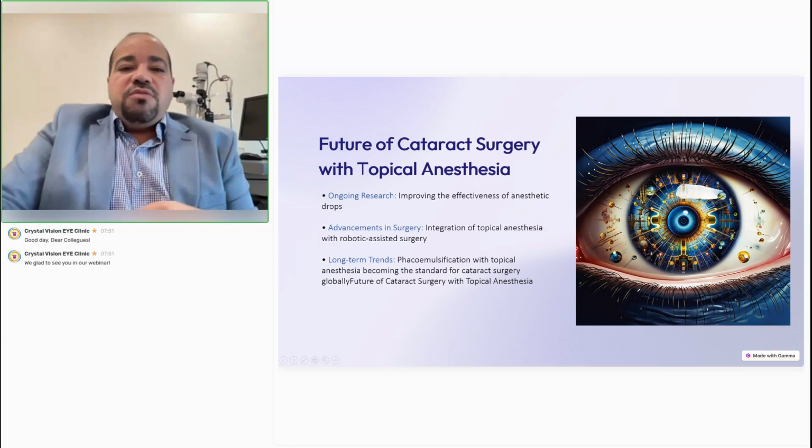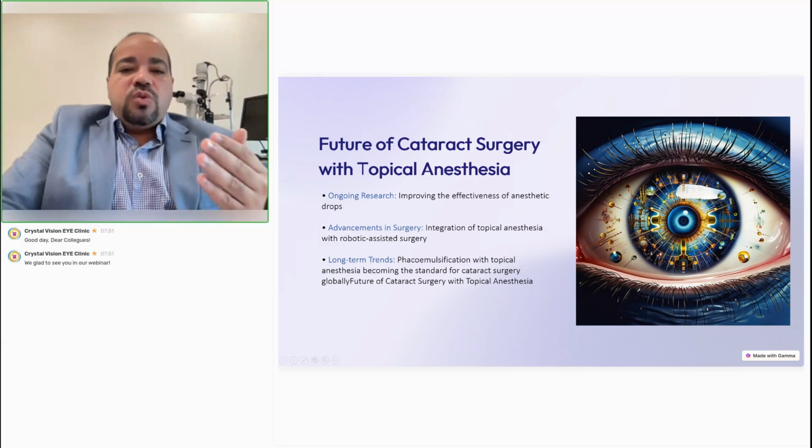So we believe that in the future of cataract surgery, topical anesthesia will be the standard, because of its many advantages, like the avoidance of a lot of complications related to anesthesia. Also, using topical anesthesia lowers the need for assistance from the anesthetic doctor.